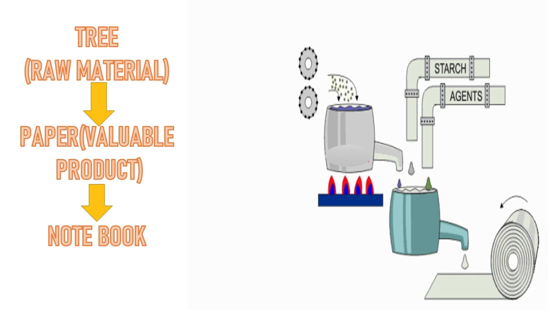As you can see, the tree is a raw material which is cut down and then transported to the pulp mill from where we obtain the wood pulp, and then some chemicals are mixed along with the wood pulp and we obtain the paper. Paper is a valuable product. Now we bind the paper and we obtain the notebook, which is more valuable than paper. So we can see that with each stage, value is added in the manufacturing process.